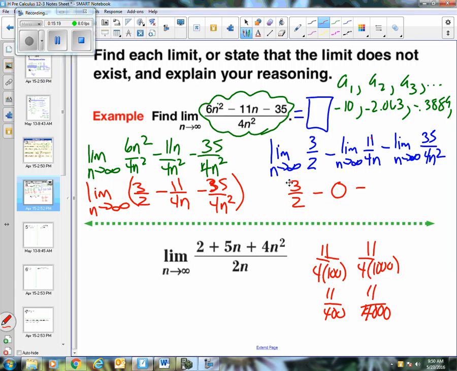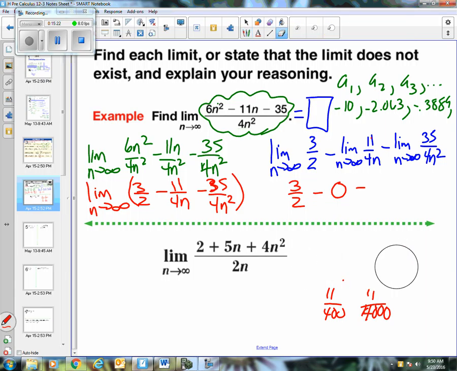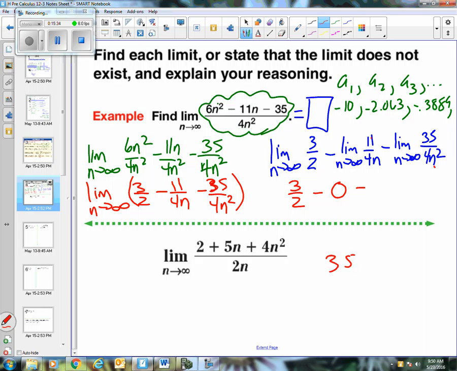Okay, well, how about 35 over 4n squared then? Well, if 1 over n goes to 0, 1 over n squared is going to go to 0 even faster. That's going to get huge even faster because n equals 100 is not just going to be 100 on the bottom, it's going to be 100 squared. That's big. 1,000 is going to be 1,000 squared.